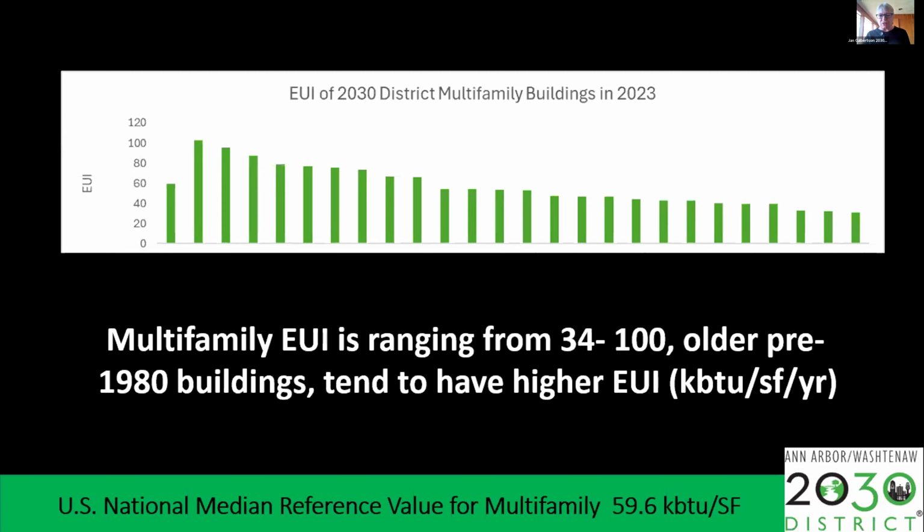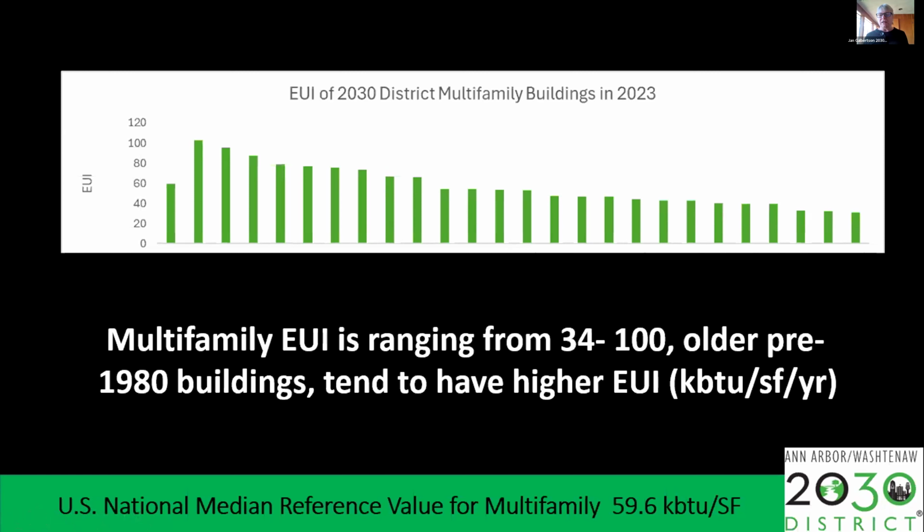So if folks are interested in where they stand, this is the national median reference value, which is just under 60 KBTUs per square foot. We have a full range from 100 all the way down to about 34. Most of the newer buildings tend to be in the 30s, and we've got a whole slew of buildings that are well above 60.